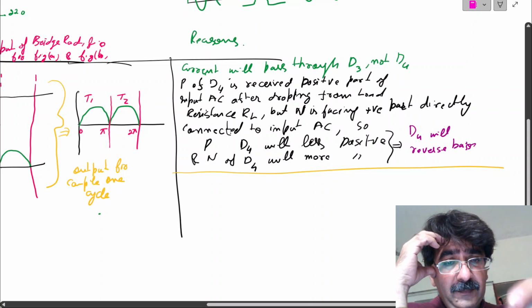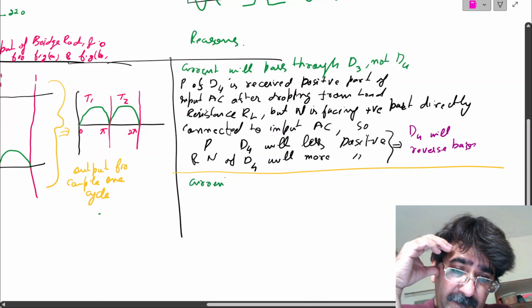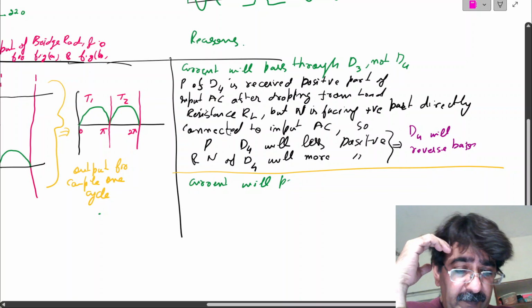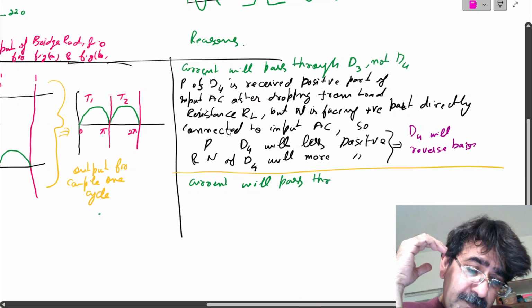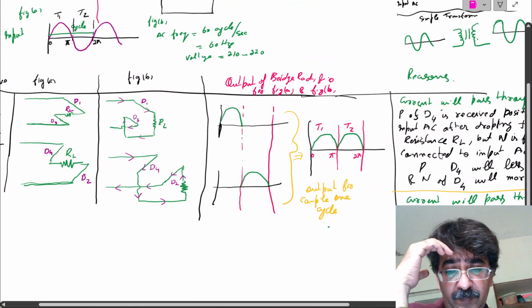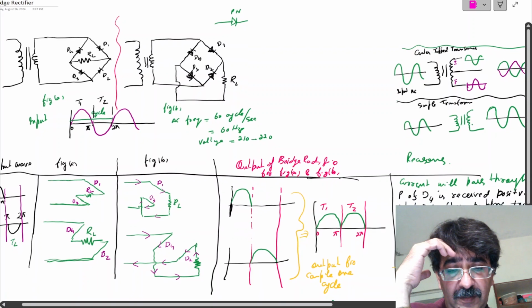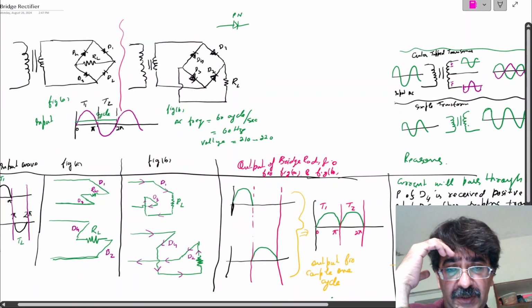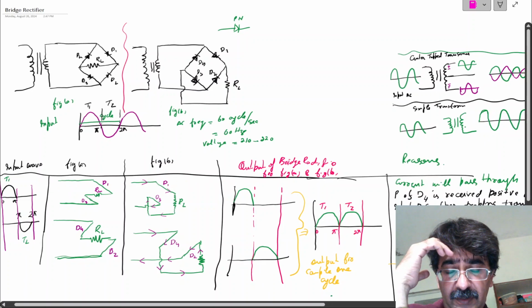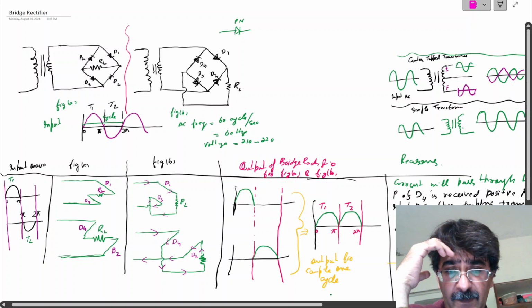Now I will explain for time T2. Current will pass through D2 for T2, pi to 2 pi, which is the negative part of the input AC wave.